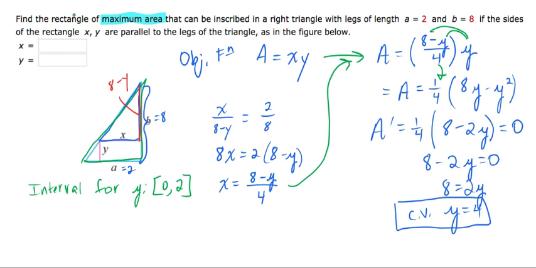We want to find the rectangle of maximum area. If y is 0, the area of the rectangle would be x times 0, which is 0. Wait, I think I said that wrong.